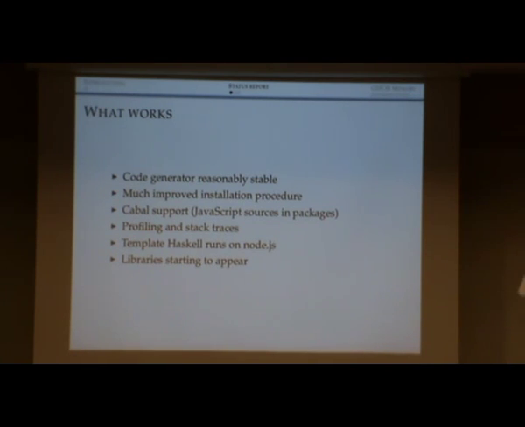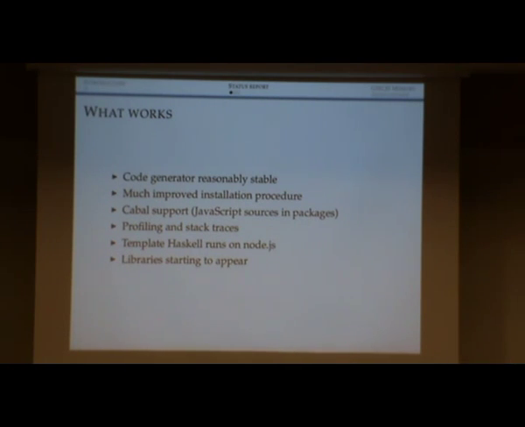We have Cabal support, where it's mostly complete. We can add JavaScript sources, distributed JavaScript libraries with the Cabal package, just like you have C sources in packages. It's a separate branch that hasn't been merged yet. I hope to start a discussion about what I've changed that should be made in Cabal to support this soon.